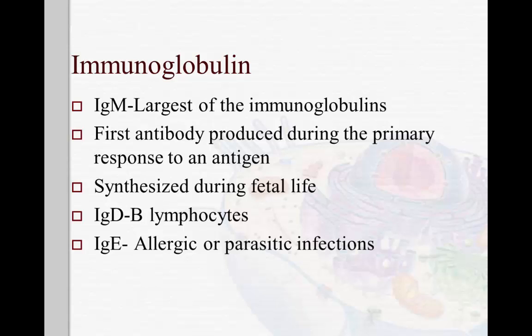So it does bind to basophils in the bloodstream and to mast cells. If you remember, mast cells, when they degranulate, the first pro-inflammatory mediator that is released is histamine.